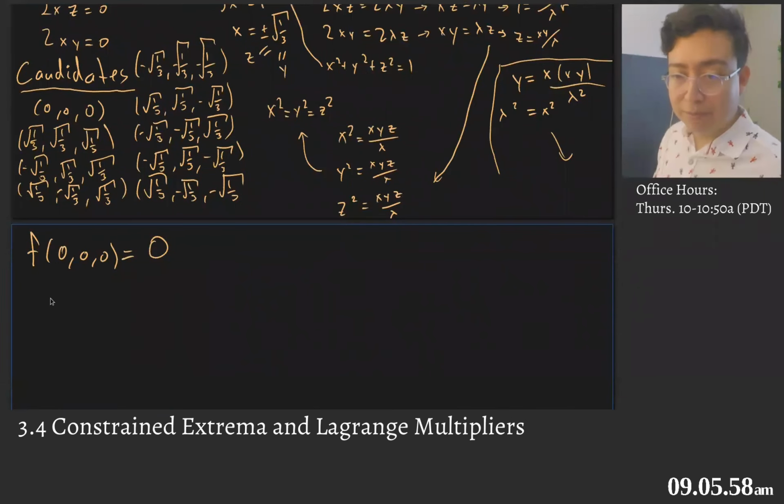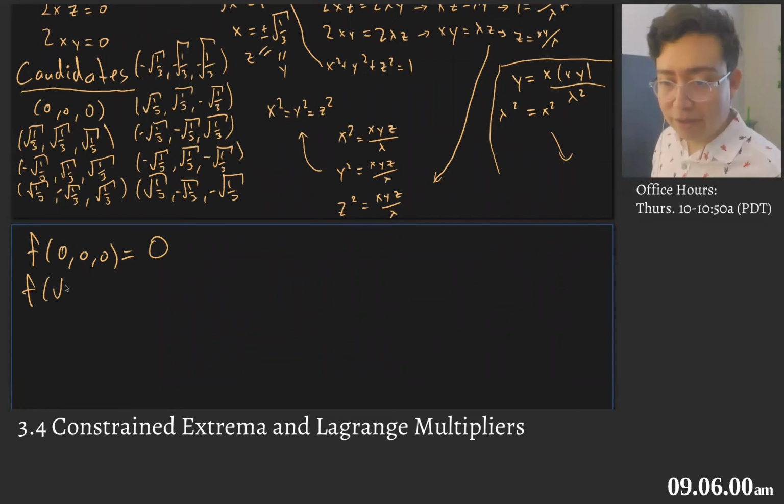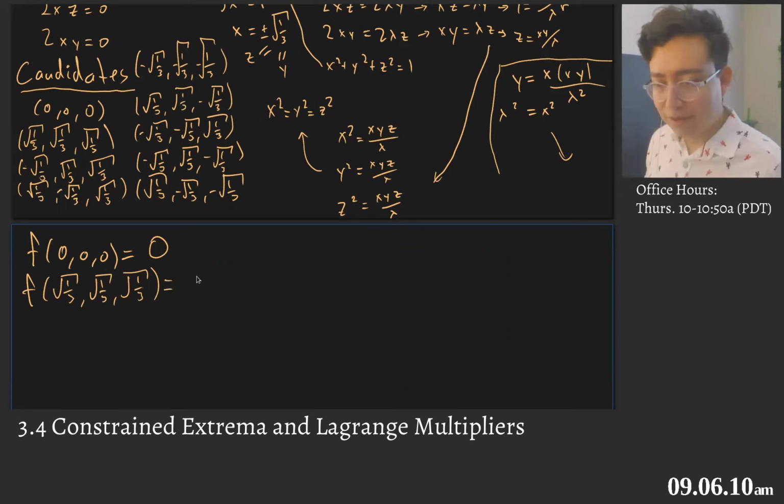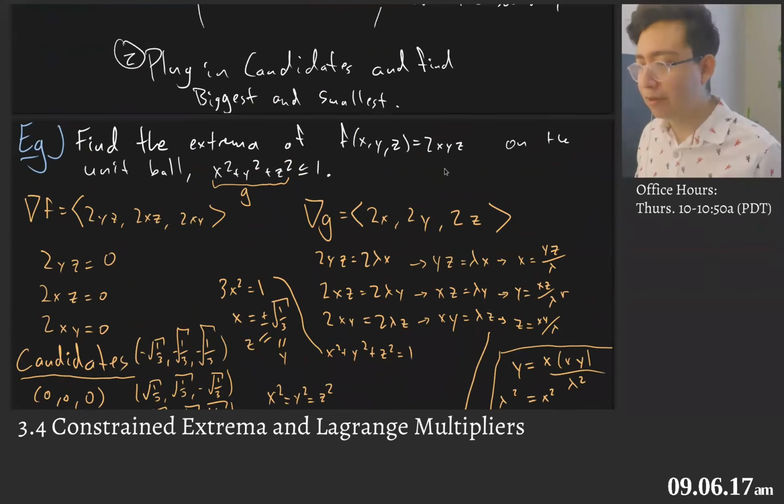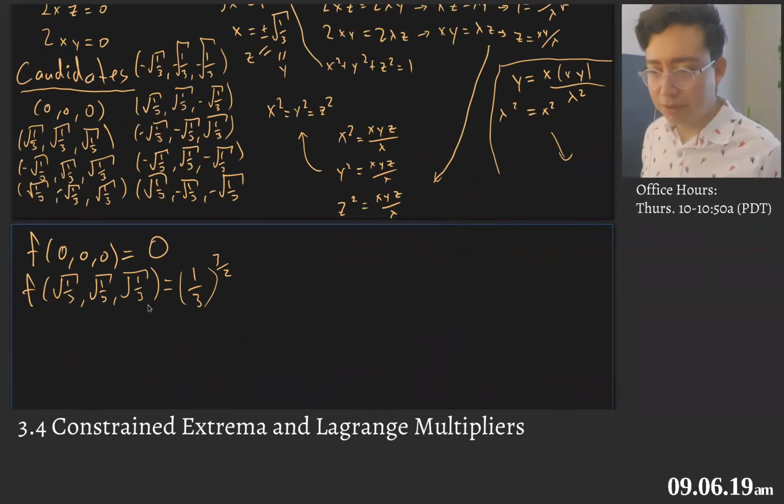So now let's try f of square root of 1/3, square root of 1/3, square root of 1/3. This is going to be 1/3 to the 3/2, because basically I'm just multiplying these 3 numbers together, right? Oh, times 2. 2 times that.